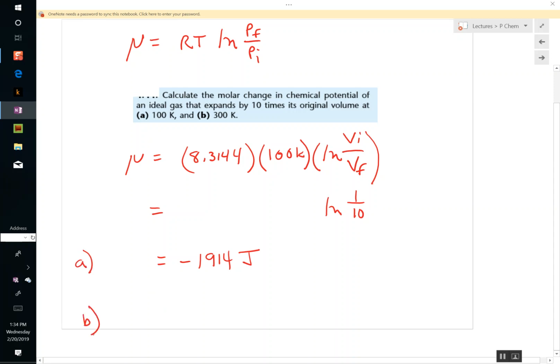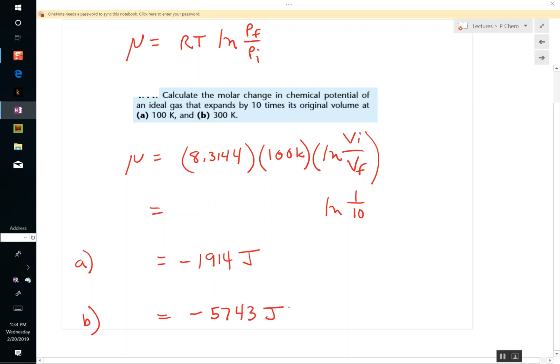So you either need to put a negative in front and use VF over VI, or switch them around. And B is what? Negative 57, 43. Yep.